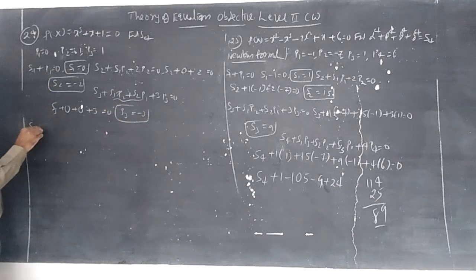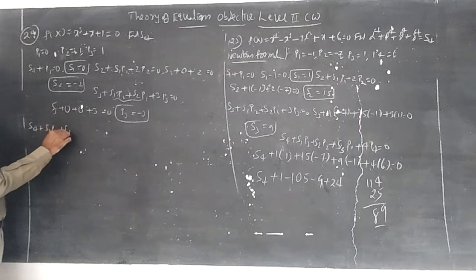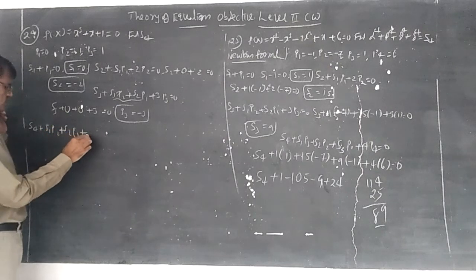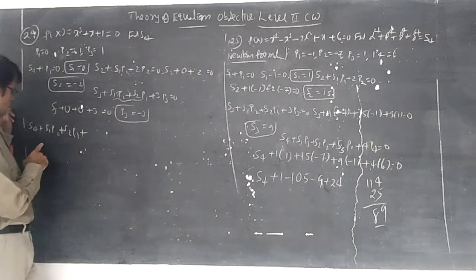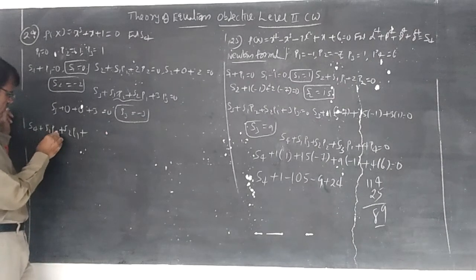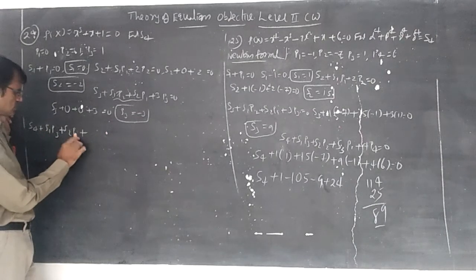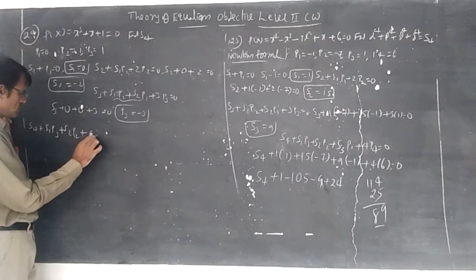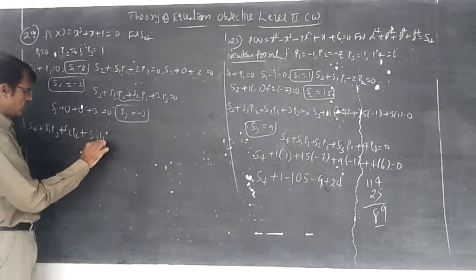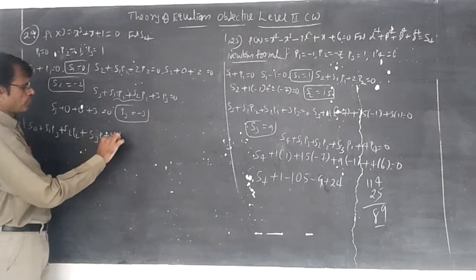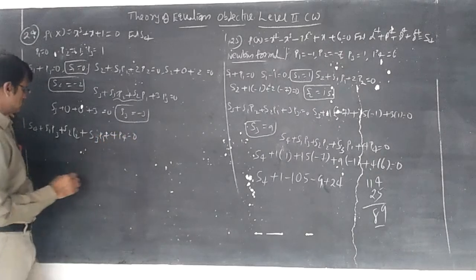Now S4 plus S1 P3 plus S2 P2 plus S3 P1 plus 4 P4 equal to 0.